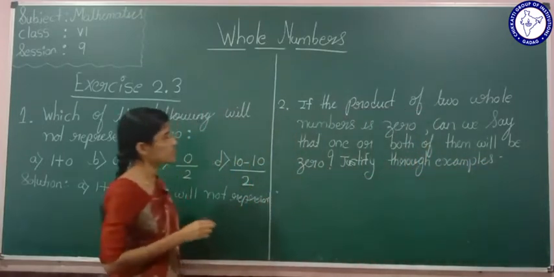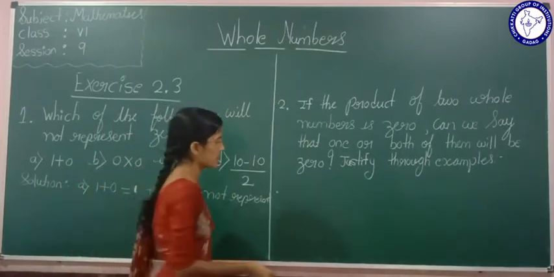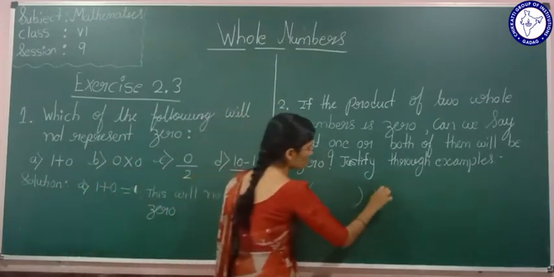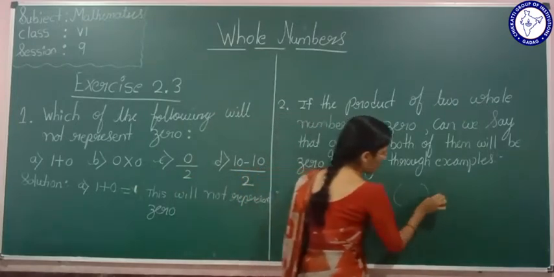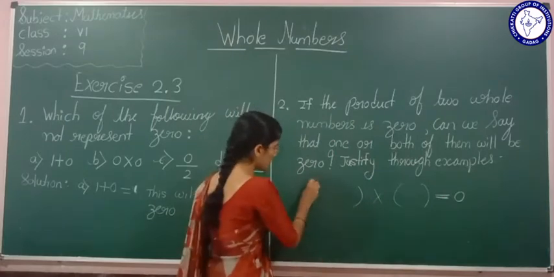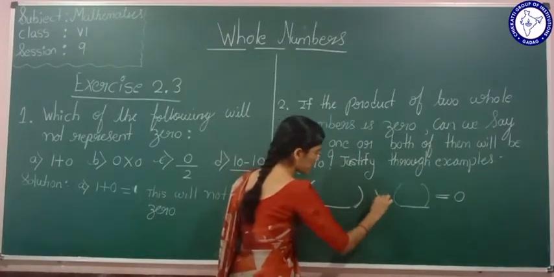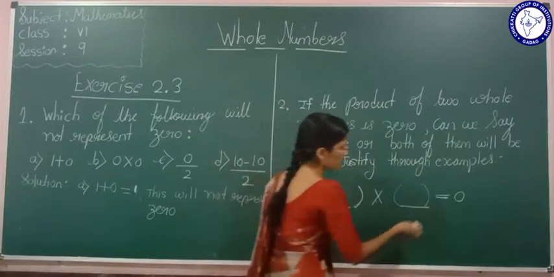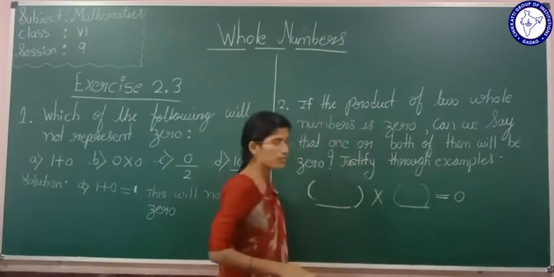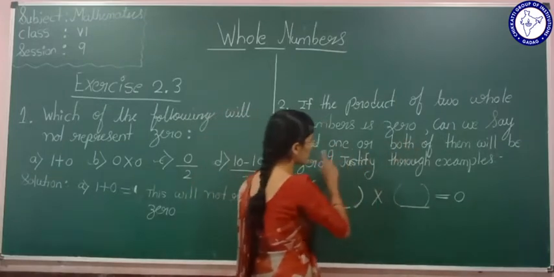Now see students, if the product of two whole numbers is 0, what they are telling is, if you take any two whole numbers and multiply them, and you get the answer 0, can we say that one or both of them will be 0?